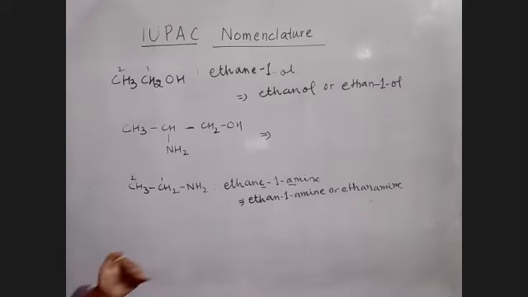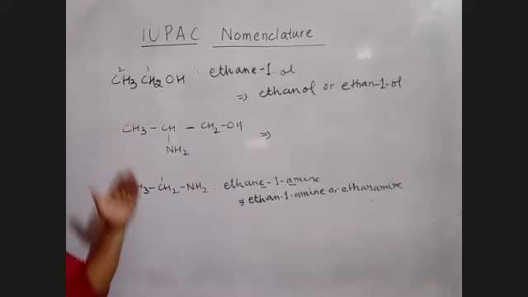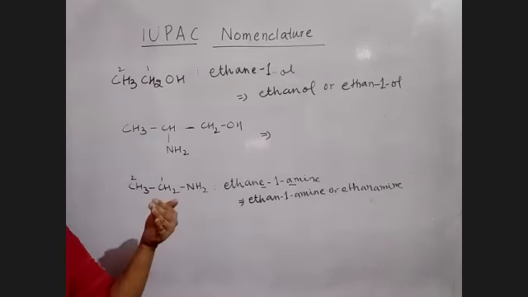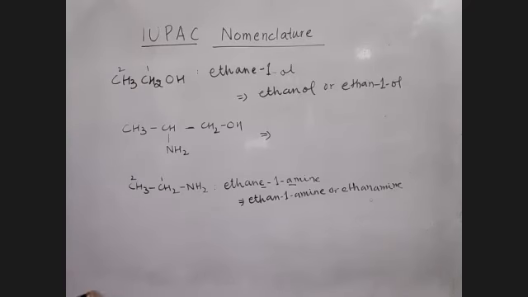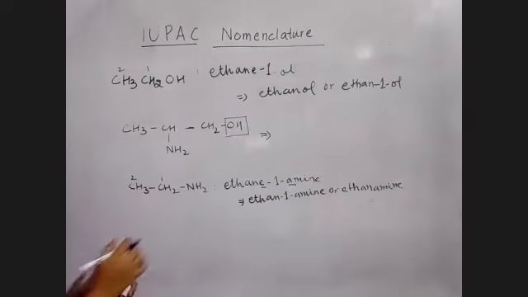The one coming up in the table is senior, the one coming down is junior. OH was placed up in the table. So OH is senior and NH2 is junior.